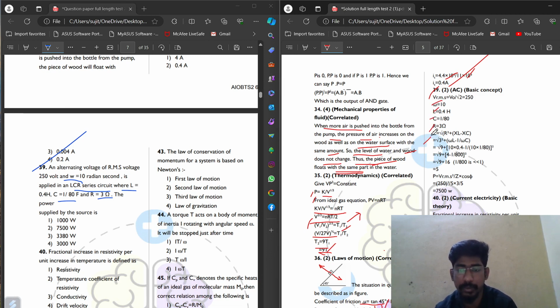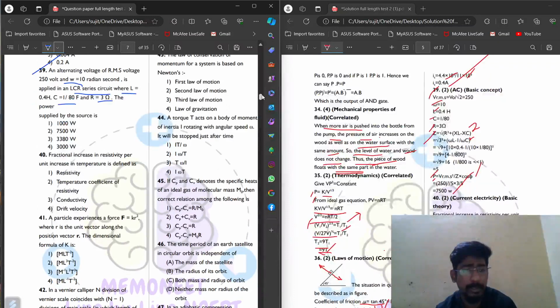You have to calculate the value of Z. I already told you the formula: root over of R square plus XL minus XC, whole square, right? Put the values in this formula, you will get Z equals 5, the impedance. The power is equal to V RMS square divided by Z into cos phi. Put the values, you will get P equals 7500 watt.